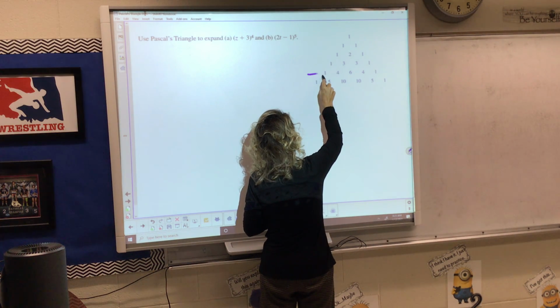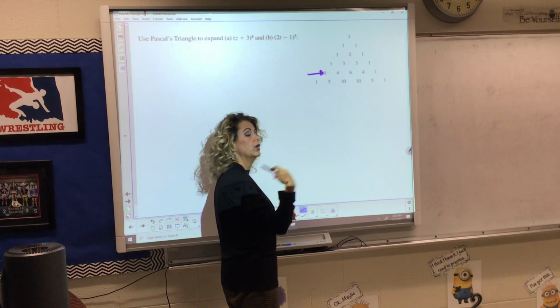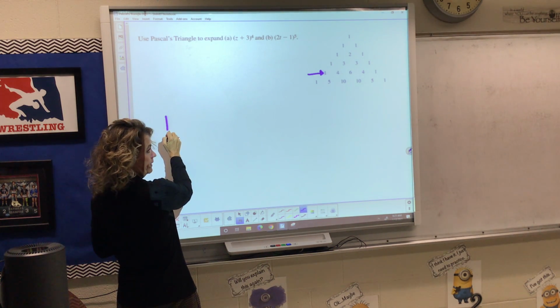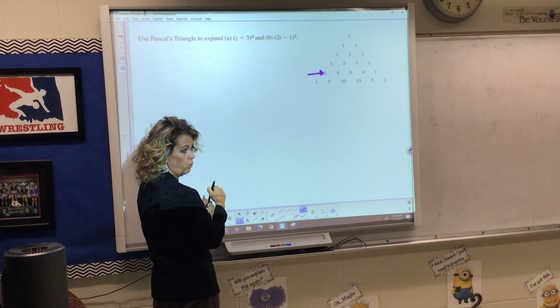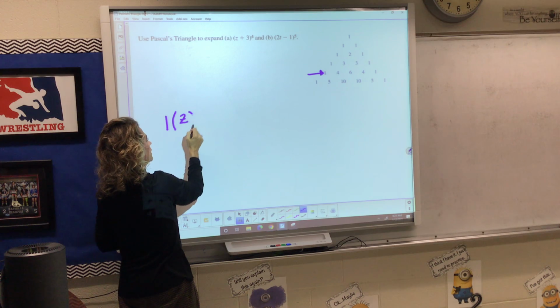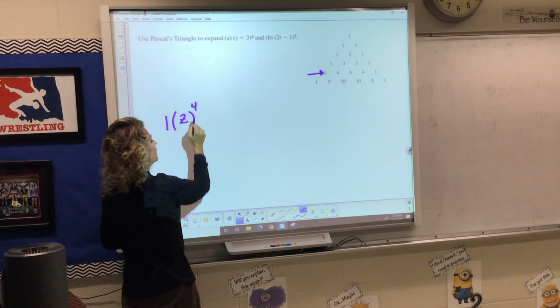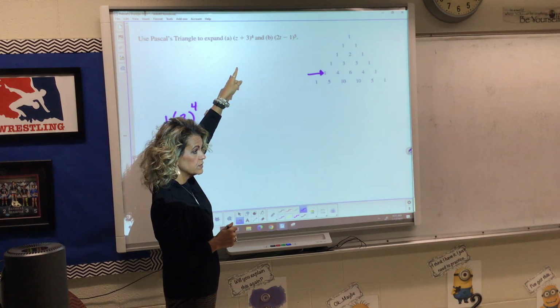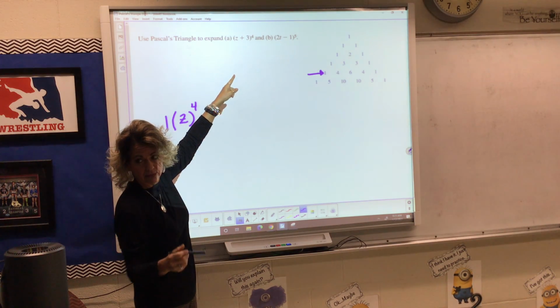This line right here is to the 4th power. Agree or disagree? Okay, so I'm going to have 1, that's the coefficient, 1, times my first term, z, to the 4th power. Right or wrong? Because that's my highest exponent. Everybody following me?